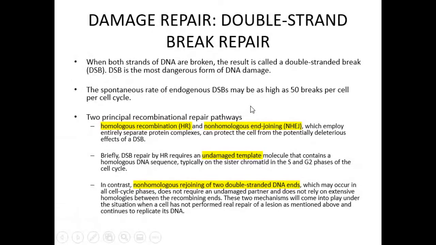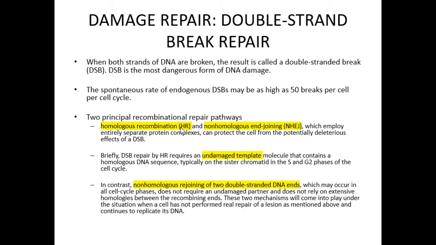For HR, they require an undamaged template molecule that contains a homologous DNA sequence, typically on the sister chromatid in the S phase or G2 phase of the cell cycle, so they can perform the recombination repair.